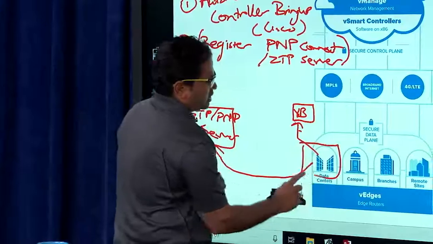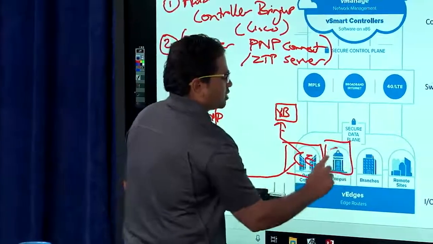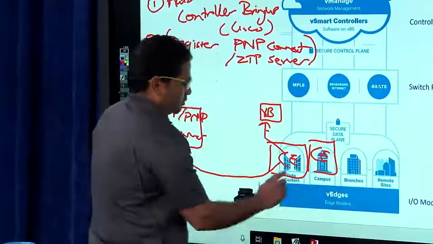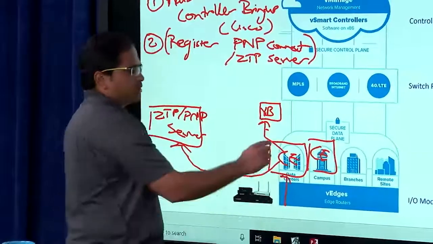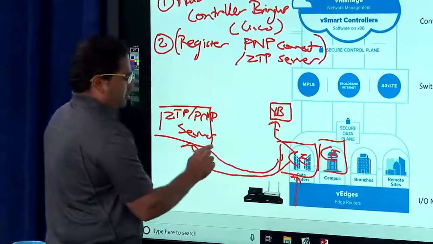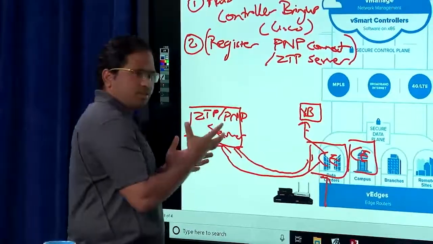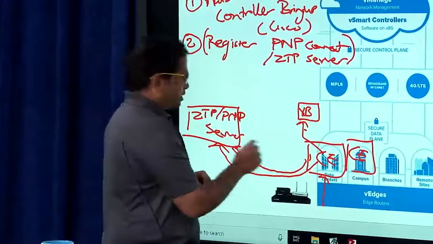The edge devices are shipped to the customer site, powered on, plugged into the internet. They're pre-programmed to always go to the PNP server, which is hosted by us.